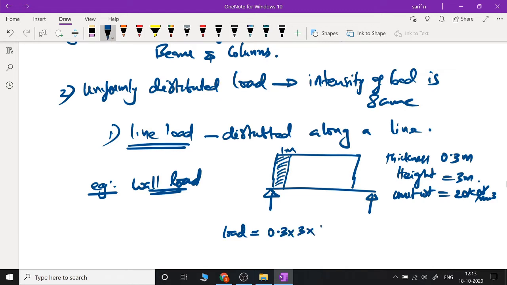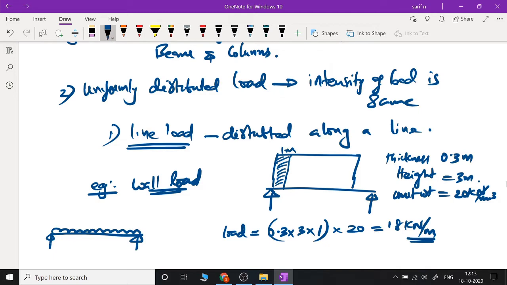Volume is length into breadth into height, that is 0.3, which is the thickness, multiplied by height 3, into the length we are considering as 1 meter, into the specific weight, that is 20 kilonewton per meter cube. So we will be getting 18 kilonewton per meter. So the wall load per meter will be 18 kilonewton per meter. You can represent it in this manner. This is the way in which you represent a uniformly distributed load, 18 kilonewton per meter.